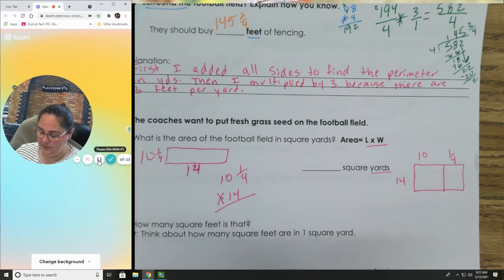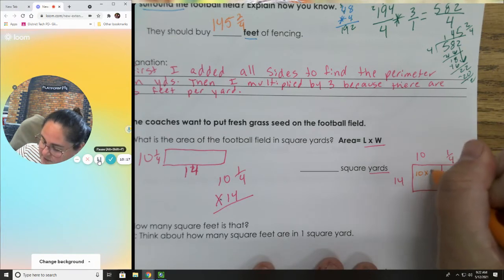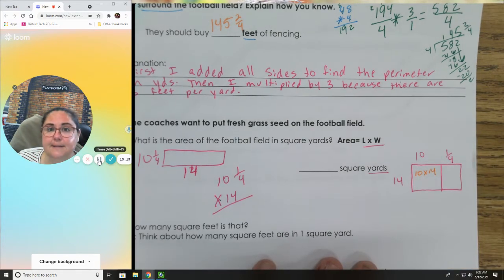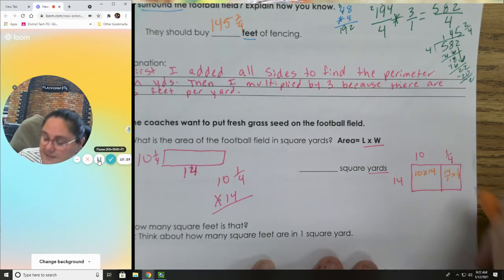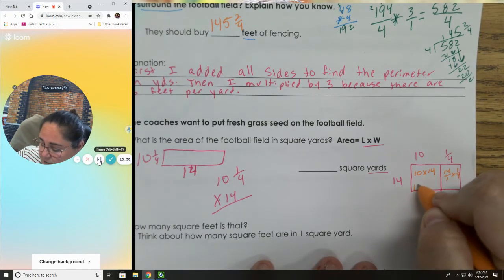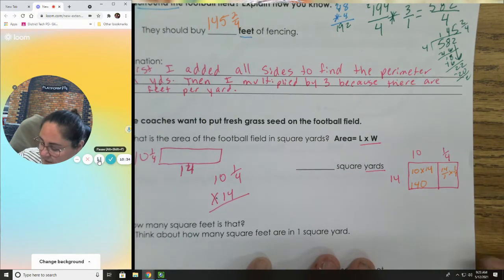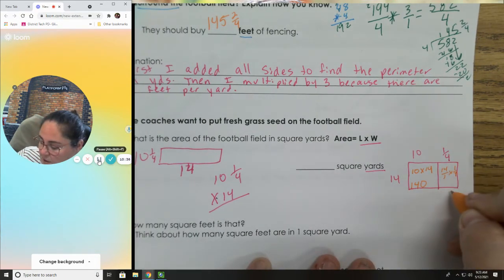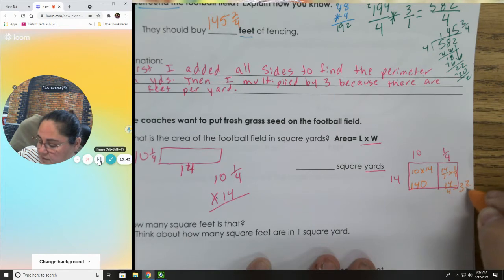So looking at this whole number, I have 10 times 14 in this box, and then 14 over 1 times 1 over 4 in this box. Doing the math, 10 times 14 is 140. 14 times 1/4 is 14 over 4, and I know that that's the same as 3 2/4.